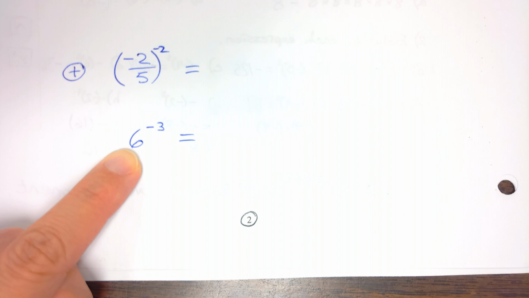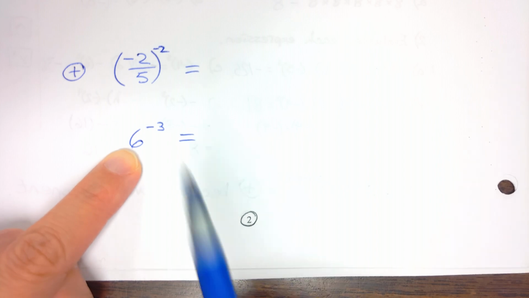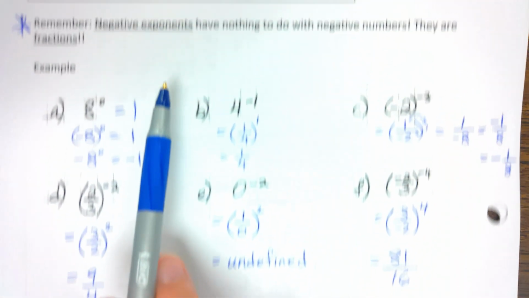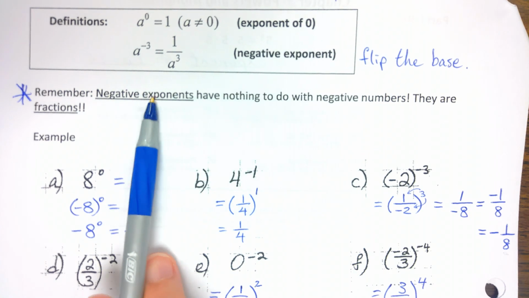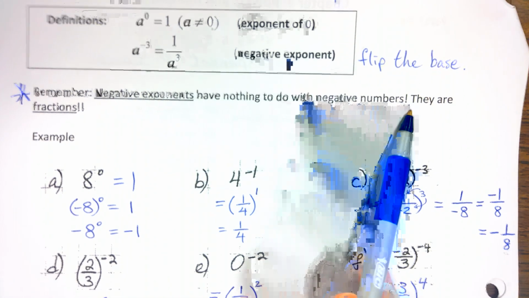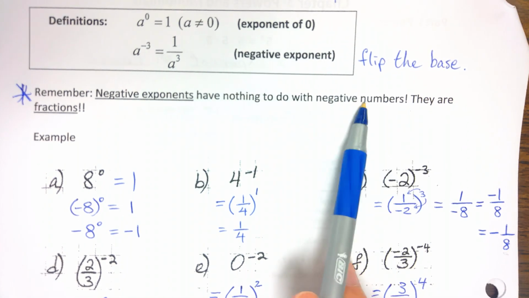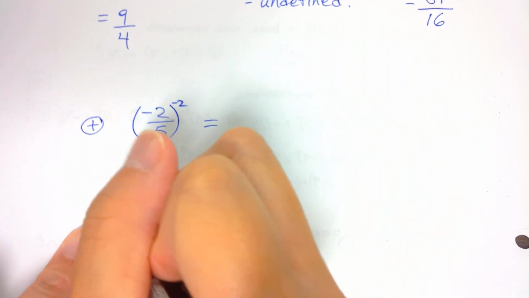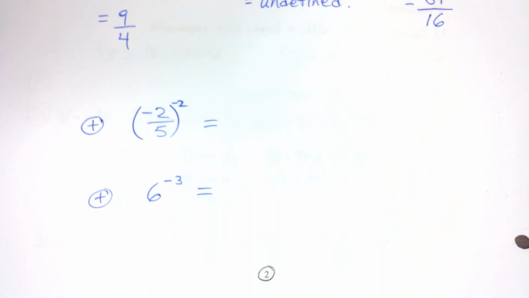Negative. Okay. Remember the very first thing we talked about right here? Negative exponent has nothing to do with negative numbers. Okay? So, my base is a positive number. So no matter what, my answer is gonna be positive.